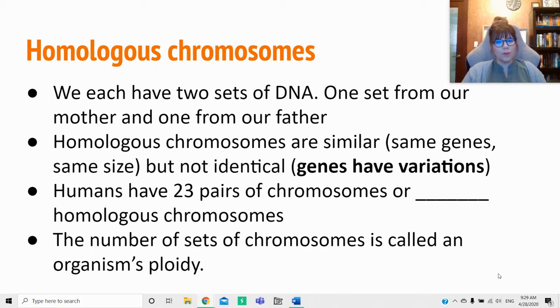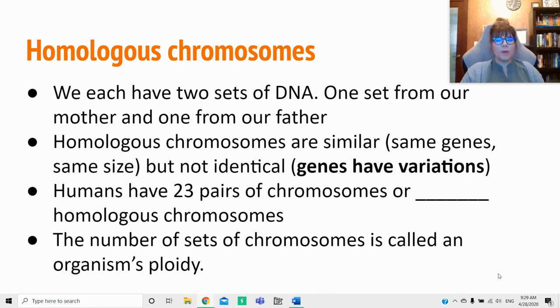So for example, when we talk about eye color, if you have brown eyes, you can have the gene for brown eyes, but you can also have the gene for blue eyes because brown is dominant to blue. So one of your chromosomes can hold the big B gene, which would represent brown, and one of your chromosomes would hold the little b gene, which is essentially for blue eyes. So you can have homologous chromosomes, same genes, same coding, but they're just showing different variation.